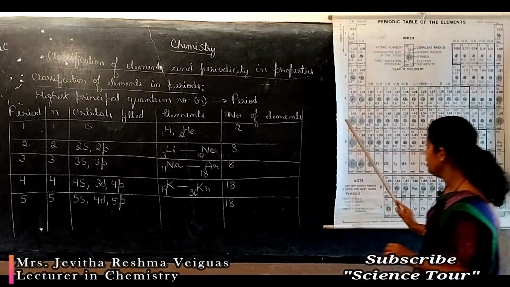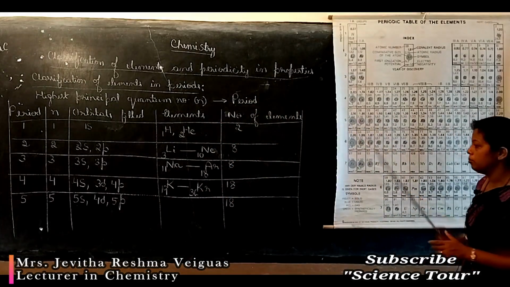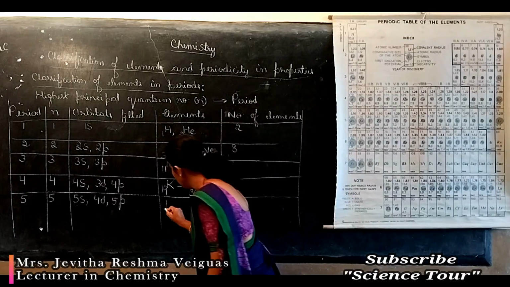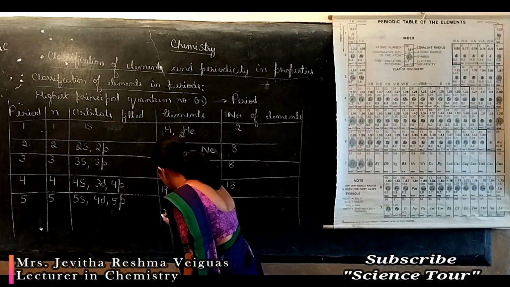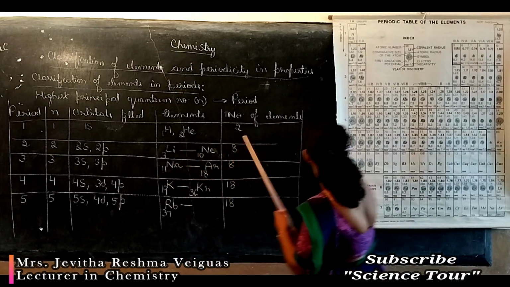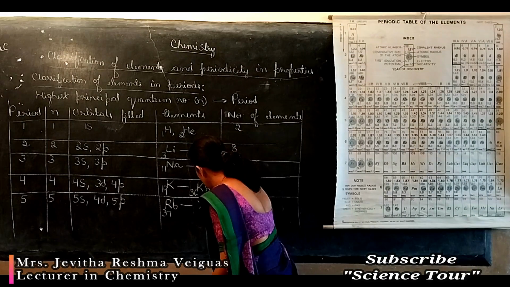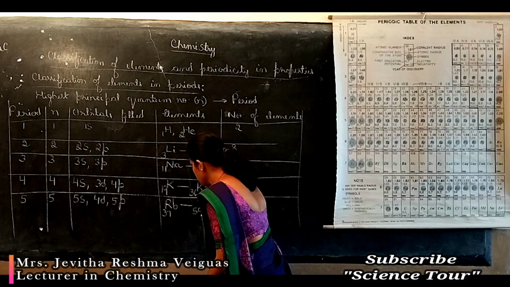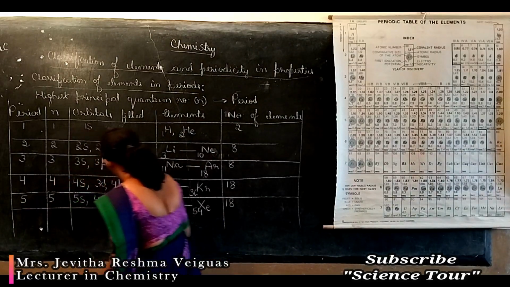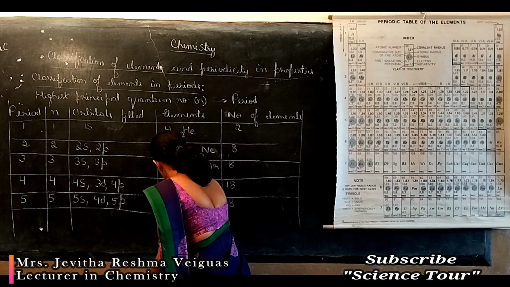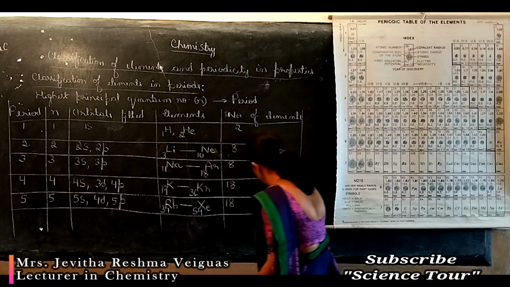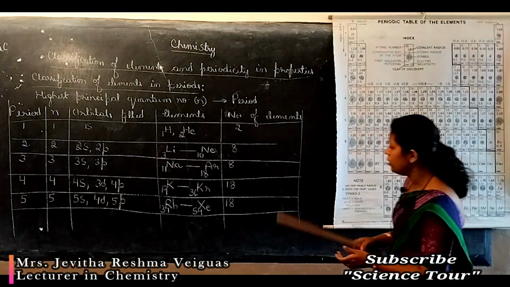Which are they? Starts from rubidium, whose atomic number is 37, ends with the element xenon, whose atomic number is 54. So these are the elements possible in period 5.